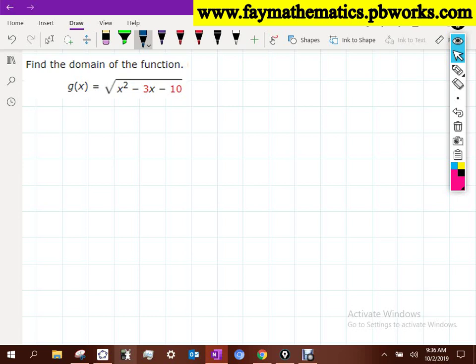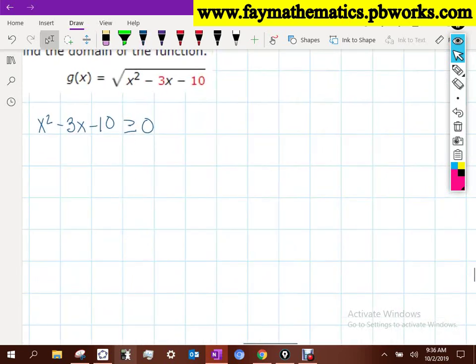So I need to make sure that x squared minus 3x minus 10 ends up being a positive number, or 0. Sometimes it's easier to say non-negative. 0 or positive would be non-negative, right?